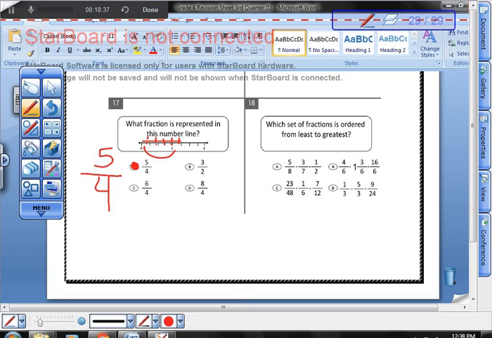Okay, so let's see. A, we have 5 out of 8, 3 out of 7, 1 out of 2. It's clear they are different. So we will take each two together and see if this order is correct. Is 5 out of 8 the least one?